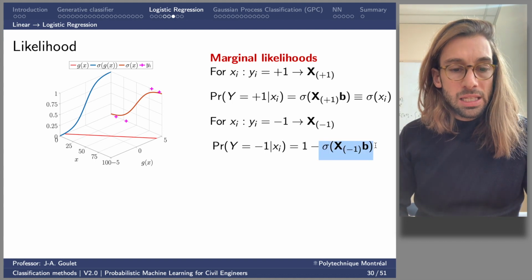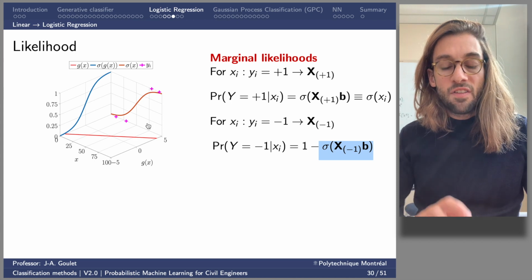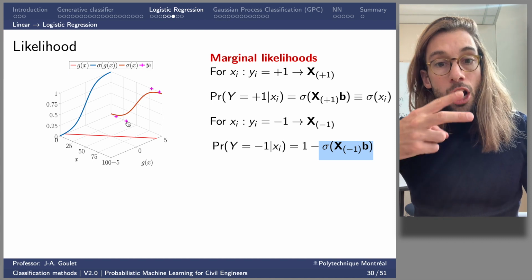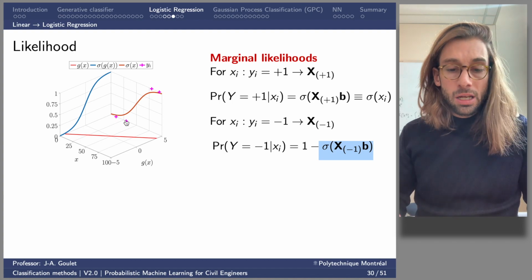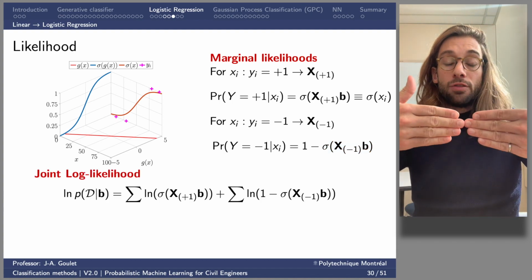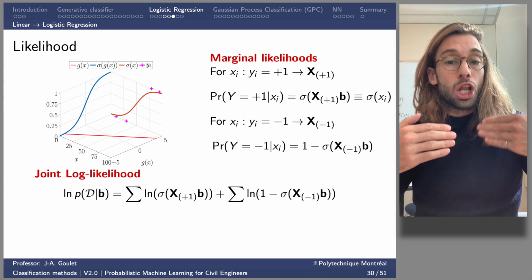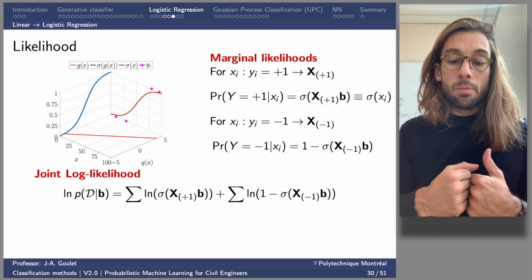So here we can see from this model that I have a high probability of having these 2 points in that region. If I want to have the probability of these 2 points, I have to take 1 minus this model here. So the joint likelihood is going to be the product of the 2. But if instead of looking at the joint likelihood, we look at the joint log likelihood, everything that was a product becomes a sum.